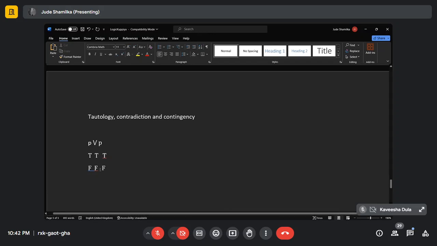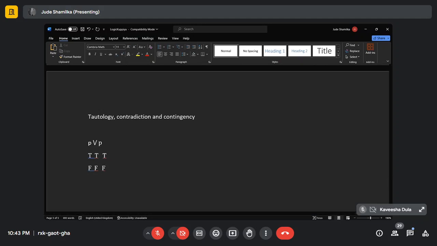So here at this point it is true and false. So it is not going to be a tautology. So what is a tautology? If you get an output where all the outputs are T's, all the T's, we call it a tautology.